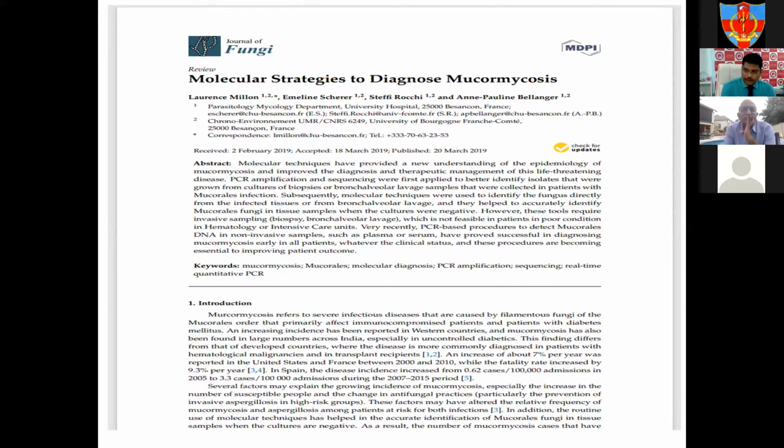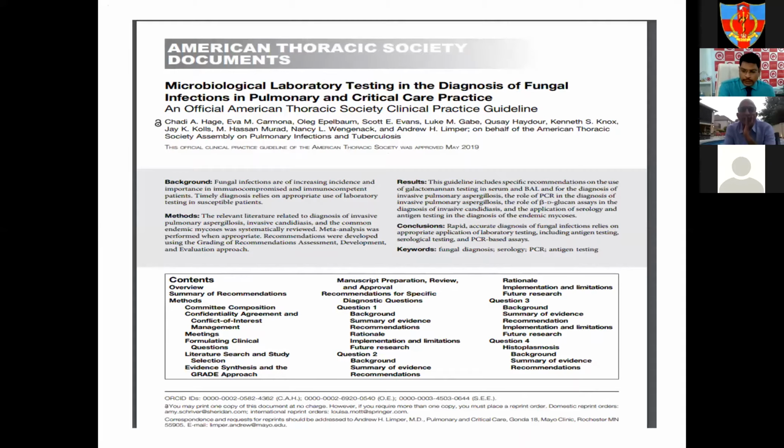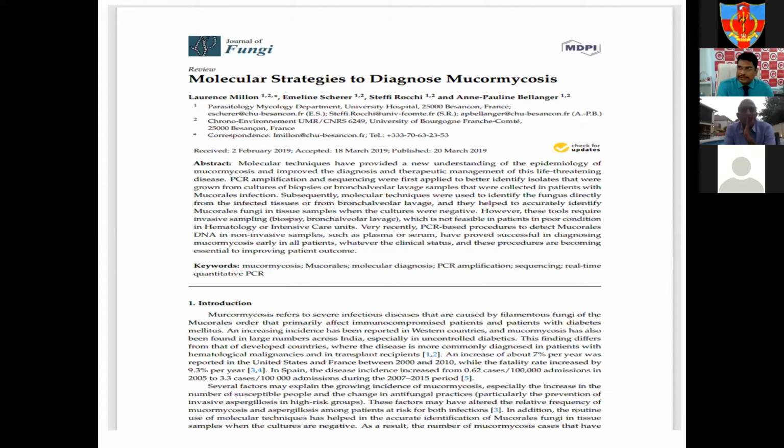It is almost a week before you actually see them clinically, or at least 3 to 4 days before you detect them radiologically. This is proven literature where molecular studies have been used and found to make a significant impact in identifying these fungal infections, offering better treatments and averting the mortality that comes with it.